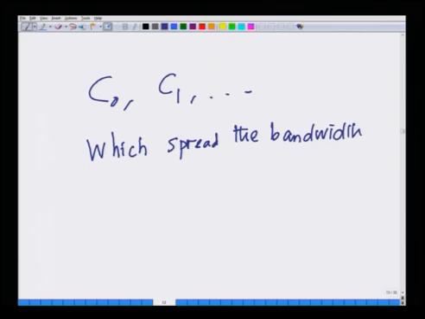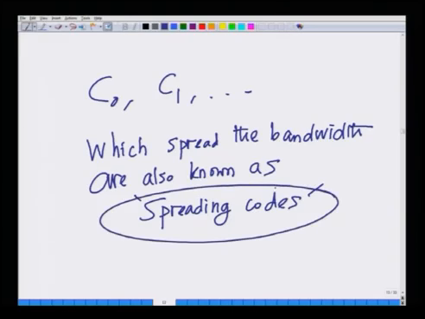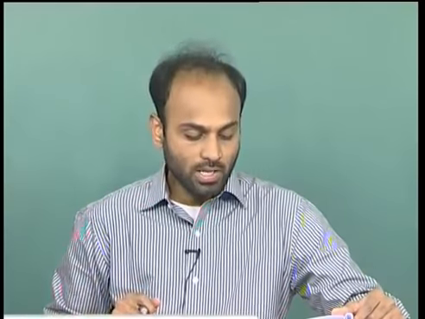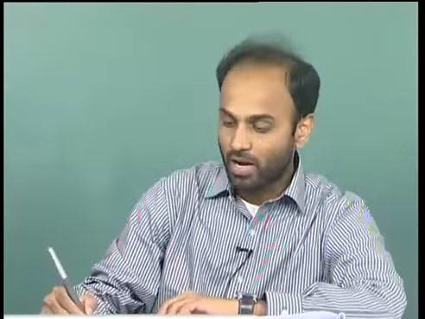These are also hence known as spreading codes. Code C0, C1, as we have seen, result in spreading the bandwidth of the signal, hence these are also known as spreading codes. And finally, one factor that you can assume is that the bandwidth spreads.